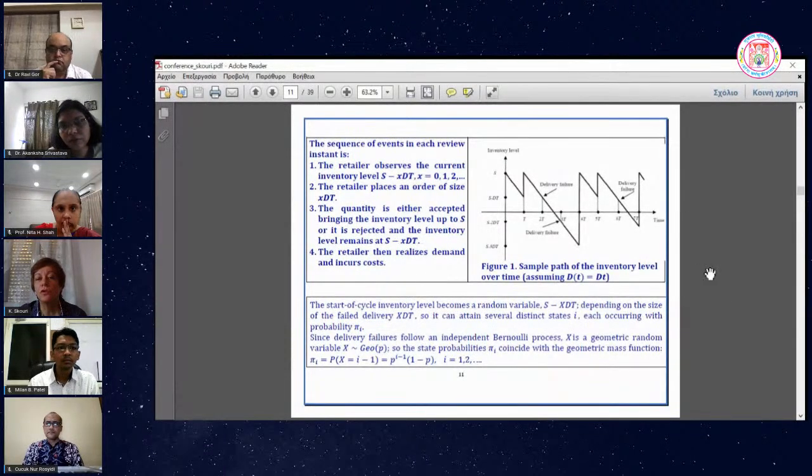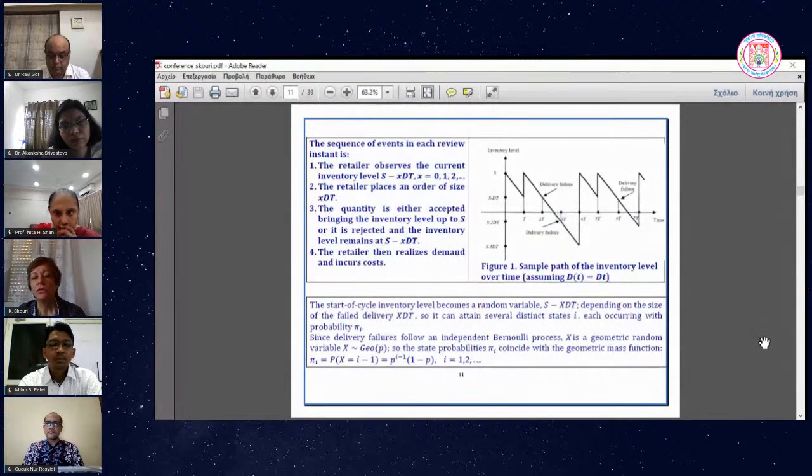The inventory position is here. The order quantity is accepted, so it brings the inventory level up to S, while here there is a delivery failure, so the order quantity is rejected, and the inventory level at the next review instant is at this level, and so on.